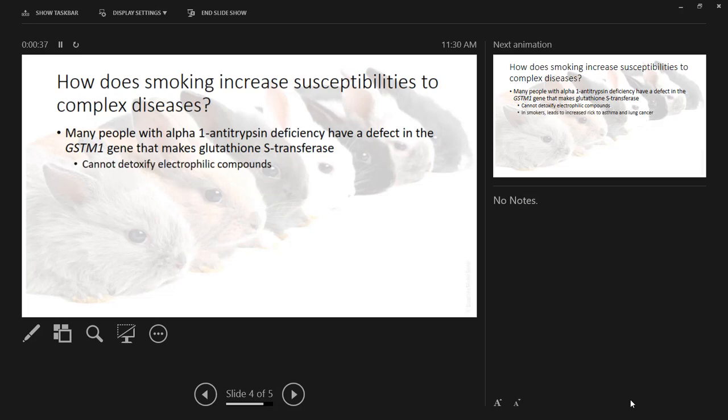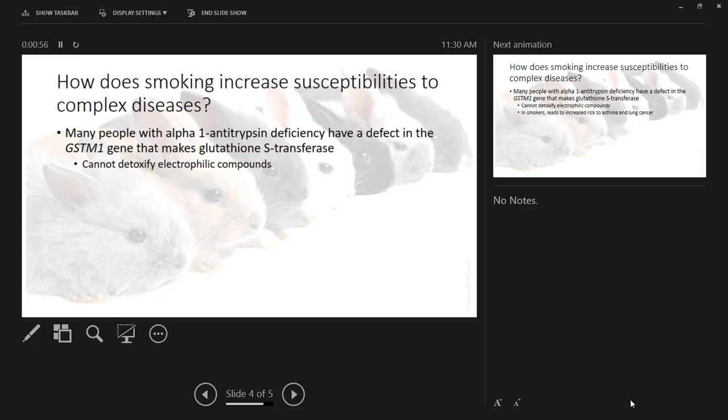And so what this means is for people with this genetic illness, not necessarily this mutation, because remember, this is a mutation with a low penetrance. Okay, this is a low penetrant mutation. But people with this genetic illness cannot detoxify electrophilic compounds.